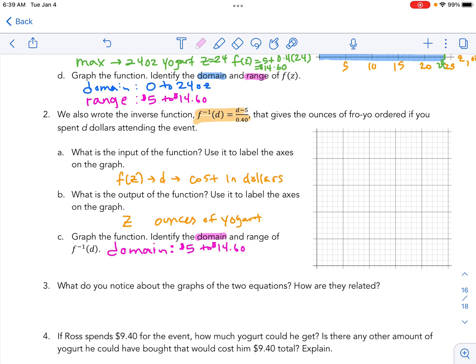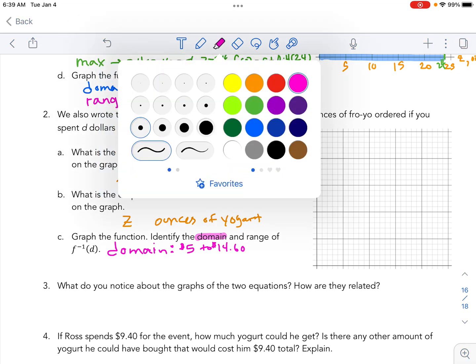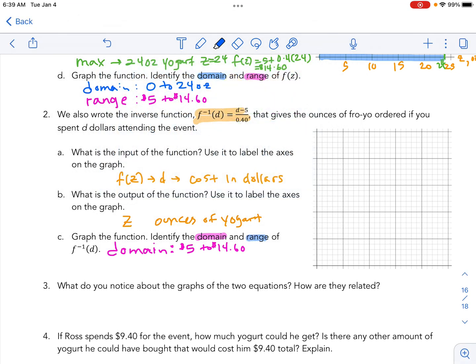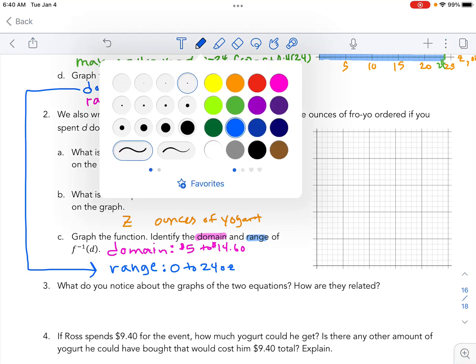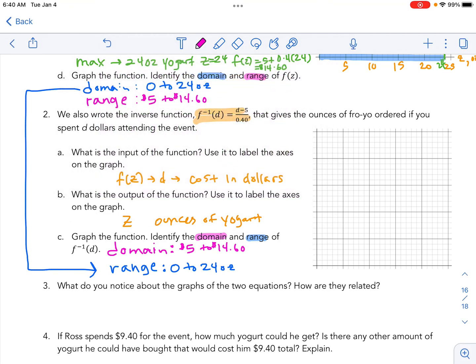There we go. And the range now becomes our output. Becomes our ounces of yogurt, that's our output. So I'm going to go up and duplicate that. That becomes our range. And so those have flipped. So we literally have that flipping of what was our domain is now our range. Let me break those arrows a little bit better. And, excuse me, what was our range is now our domain.